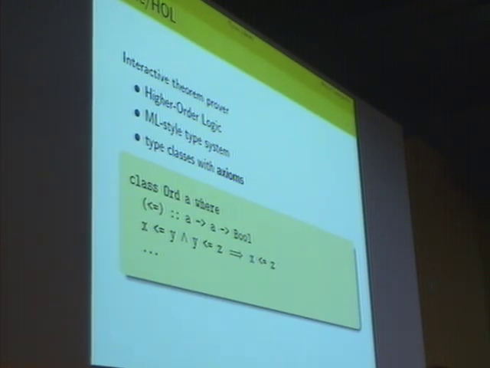But in addition to the operations, you can also give a list of the axioms or laws that those operations are supposed to satisfy. And so then later when you provide an instance of one of these classes in Isabelle, you not only have to provide the definitions of all the operations, but you also have to provide proofs that the operations in that instance satisfy all the laws.